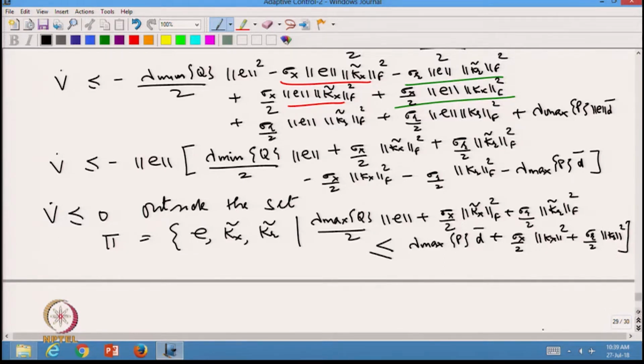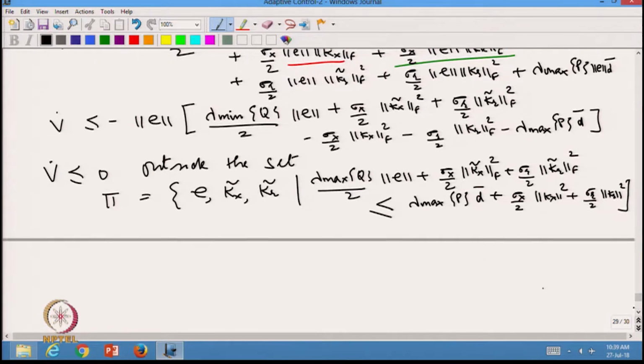So, what we see here is that this set is compact, that is, if the trajectories are inside this set, they are trapped. The tracking error E is also bounded. The parameter estimation errors are also bounded because the sum of these is less than equal to some constant. So, this is some constant, right.